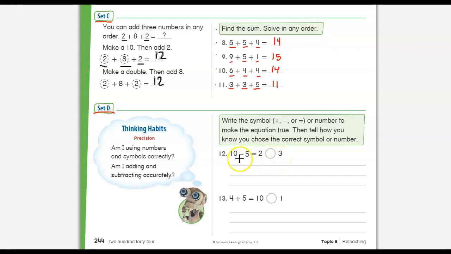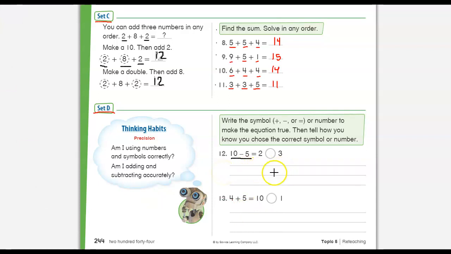So since there are two different equations on either side of the equal sign, and we want to make these equations true, we need to solve the first part of our equation to see what both sides need to equal. So for this equation, I want you to start by solving 10 minus 5.